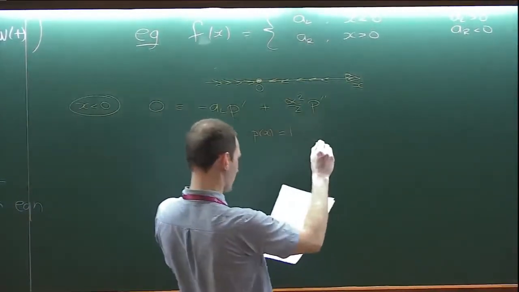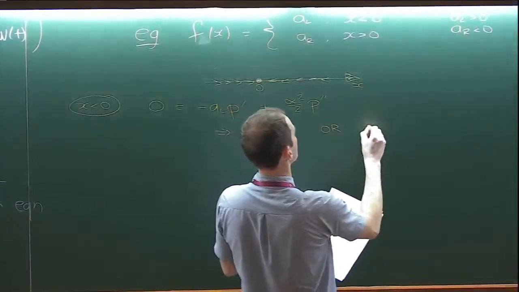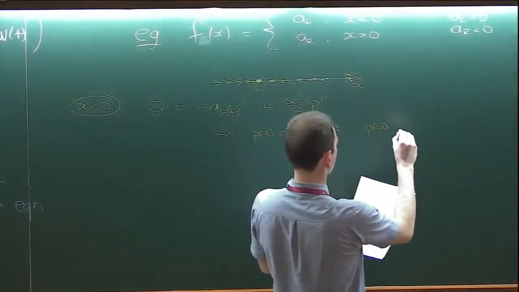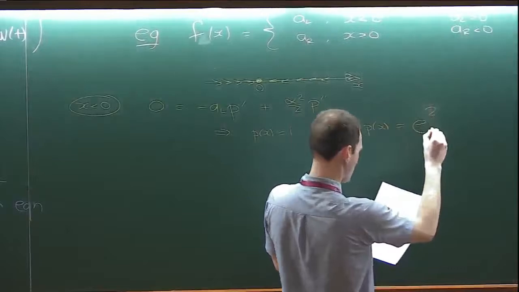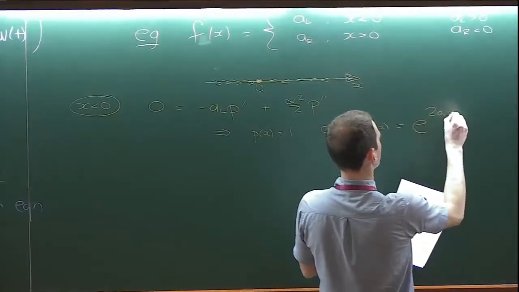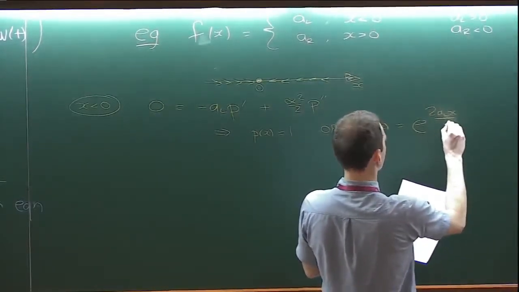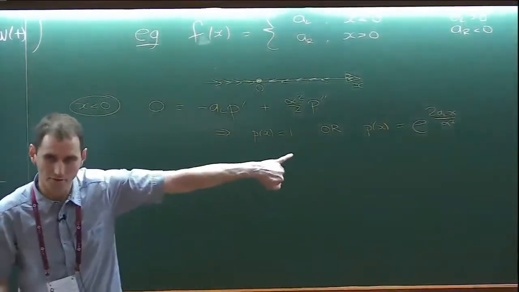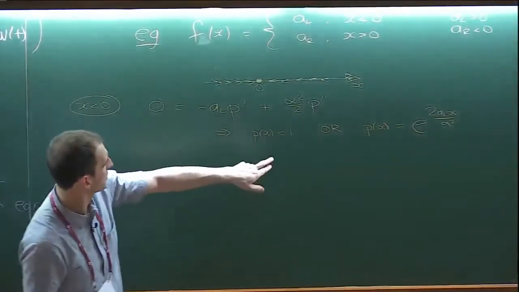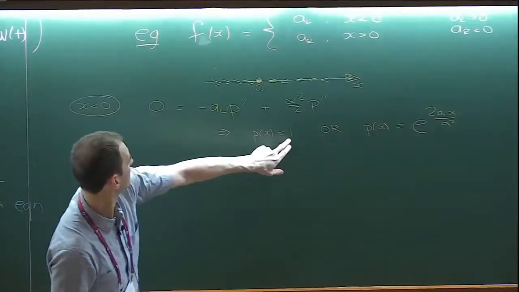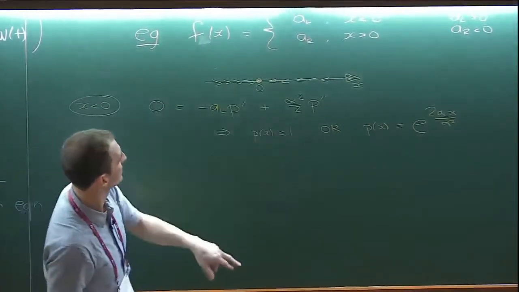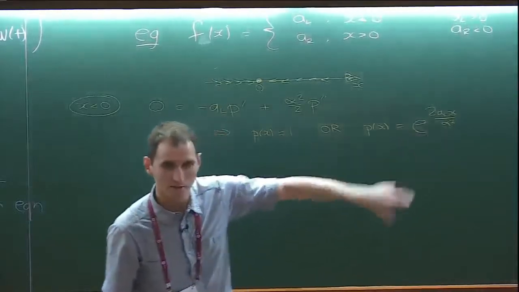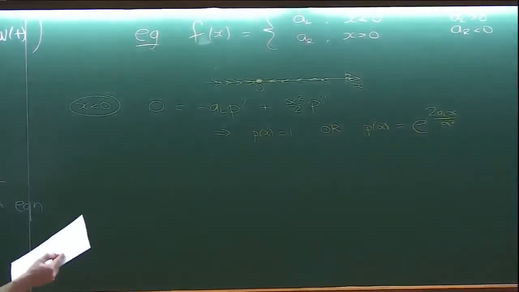I'll skip all the calculations. But we get two linearly independent solutions. Just a constant is a solution to this, and also this particular exponential is a solution.